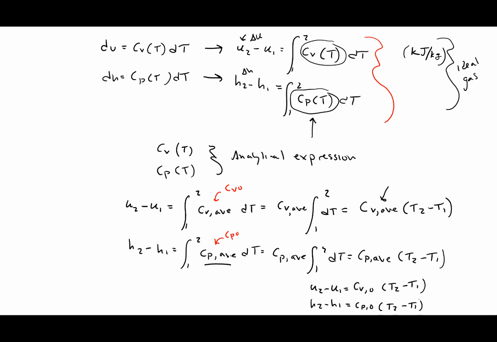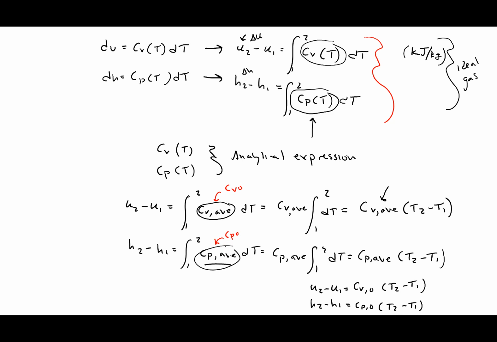So really, we have 3 different ways to calculate the same thing. For this class, probably the best way is going to be using C sub V average or C sub P average, and that's because it's significantly easier to use those than the polynomial expression.